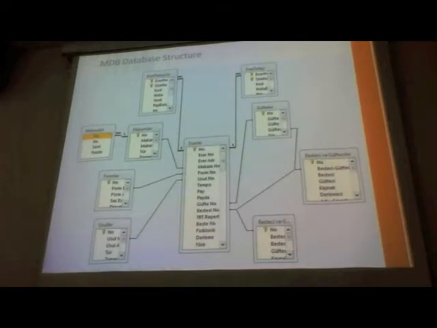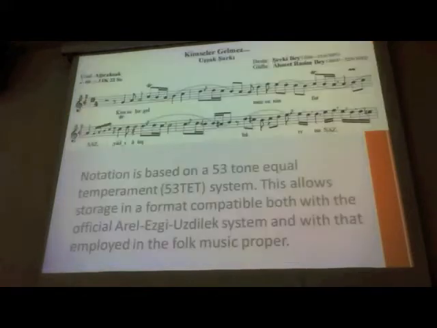How should we write Kürdili Hicazkar, etc.? So we solved this problem by putting a key and writing the makam's name in a different area. Yes, we can come back to this point.